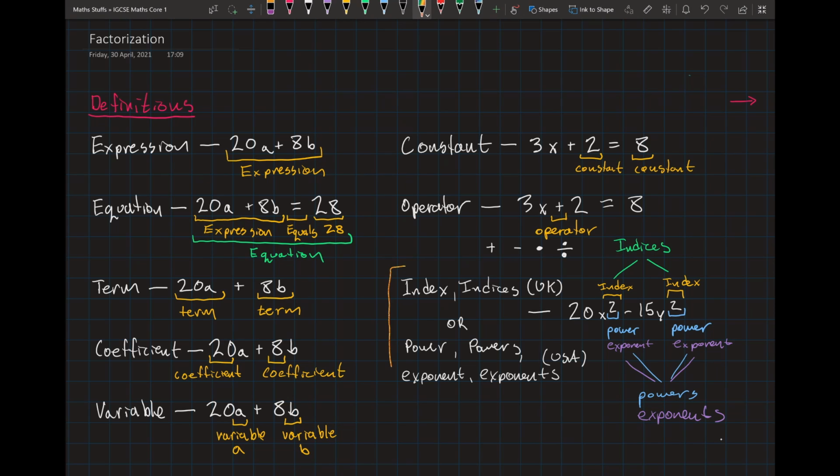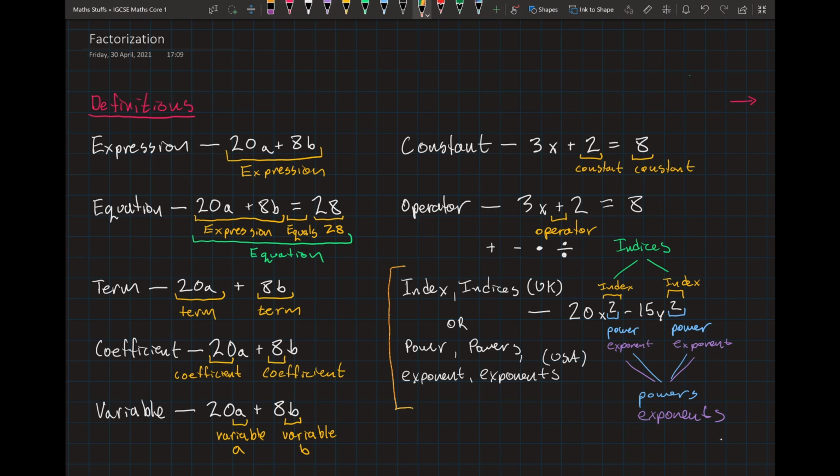All right, and on to our last definition here. So what we're looking at is, in this equation, now we've got 20x squared minus 15y squared. Now you might also hear someone say 20x raised to the second power minus 15y raised to the second power.